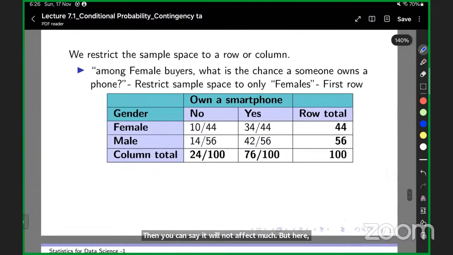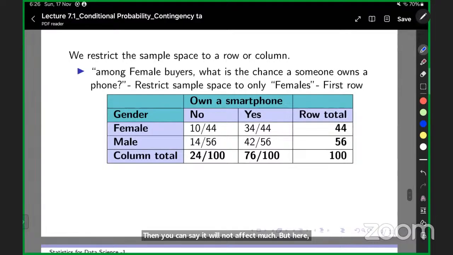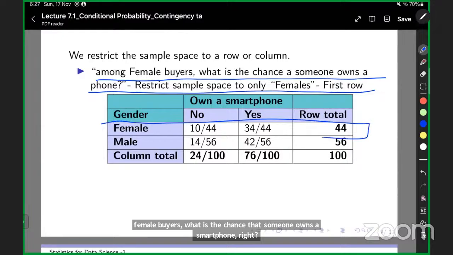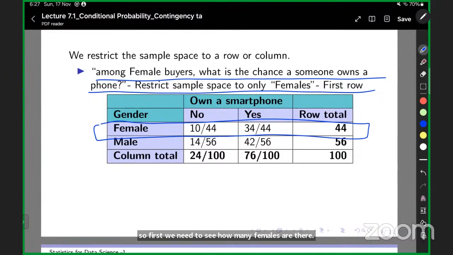But here in this question, among female buyers, what is the chance that someone owns a smartphone? So first we need to see how many females there are. Then, in that, how many own a smartphone, which is 34. So we know owns smartphone and female.